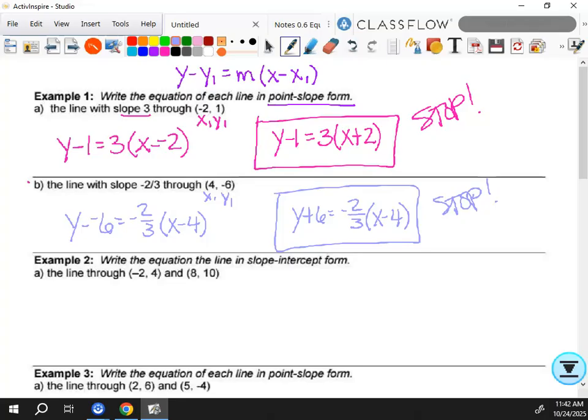Okay. All right. Any questions at this point? Pretty simple, right? But you got to know the form of the line so that you can do it.